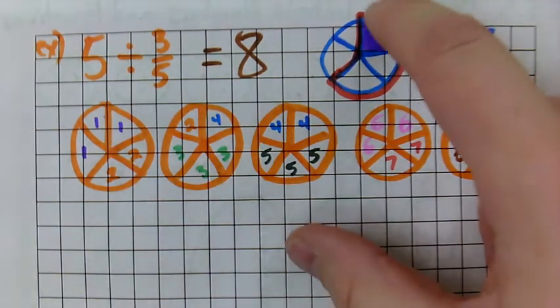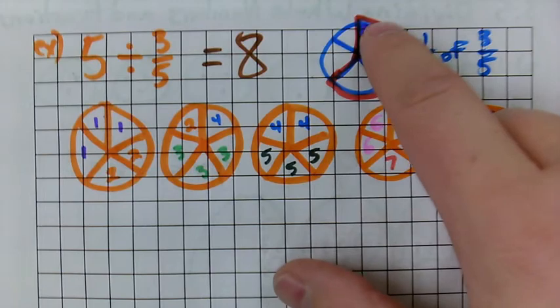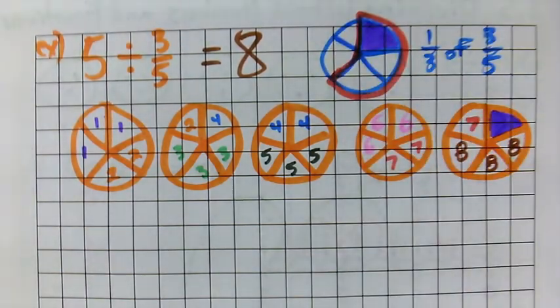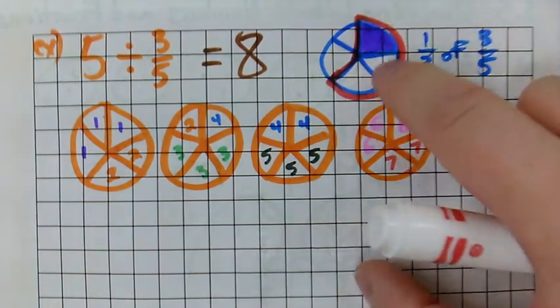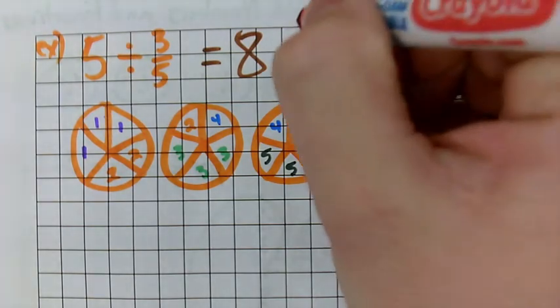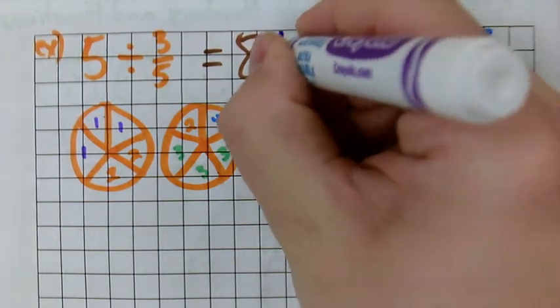So if we've got these 3 pieces here, these 3/5, 1/3 of that would be 1/5 of the whole thing, right? And we learned that we had 1/5 left over. How much of a 3/5 is it? Well, it's 1/3 of that 3/5. So this would actually become 8 1/3 for our answer.